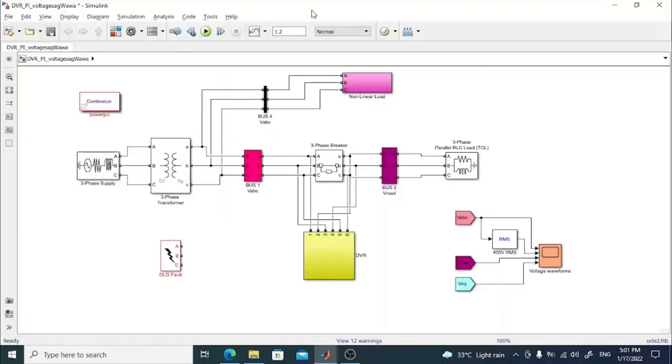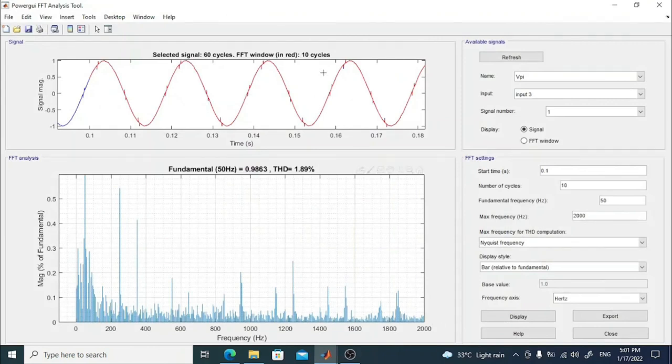After completing the simulation run, we go back to the FFT analysis. Here we look at the load voltage analysis at the end user equipment. You can see there are no harmonics in this signal due to the DVR installation. Basically the DVR supplies the additional voltage to cancel the harmonics.